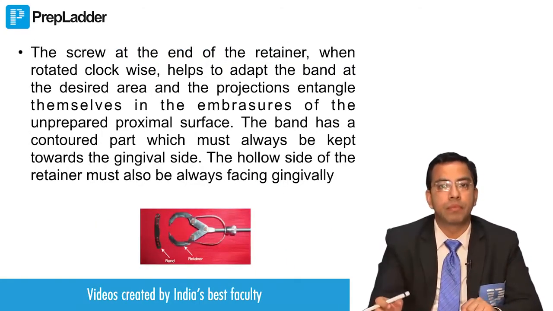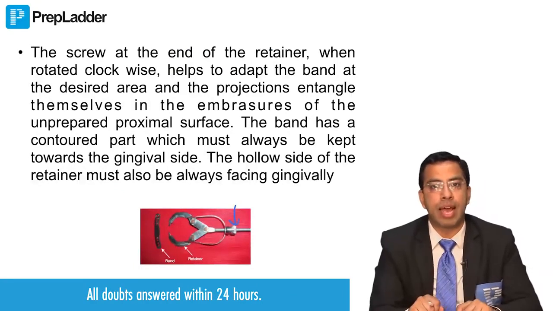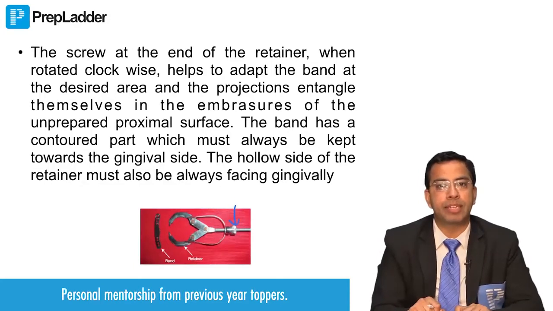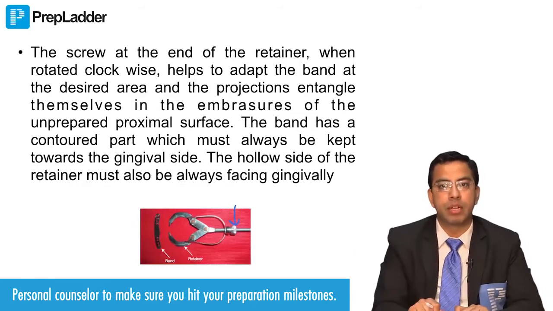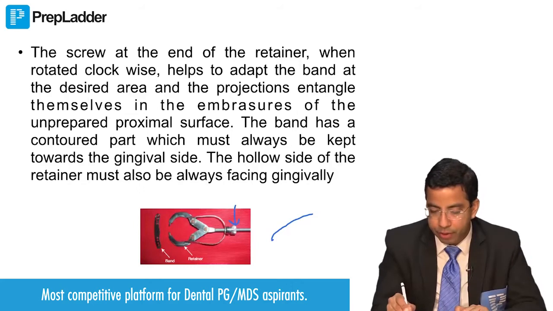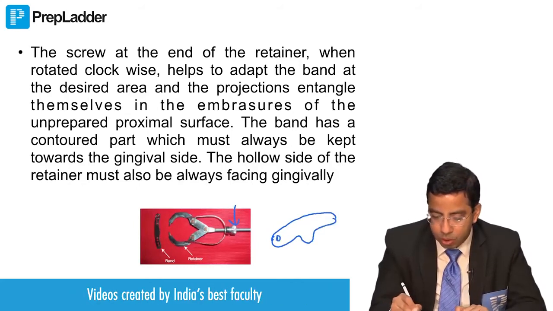Okay. Then there is a screw at the end of this retainer. The screw helps to adapt the band at the desired area, and the projections entangle themselves in the embrasures of the unprepared proximal surface. The band has a contoured part. So, if you look at the band, if I redraw it, it's something like this, and these are the holes.